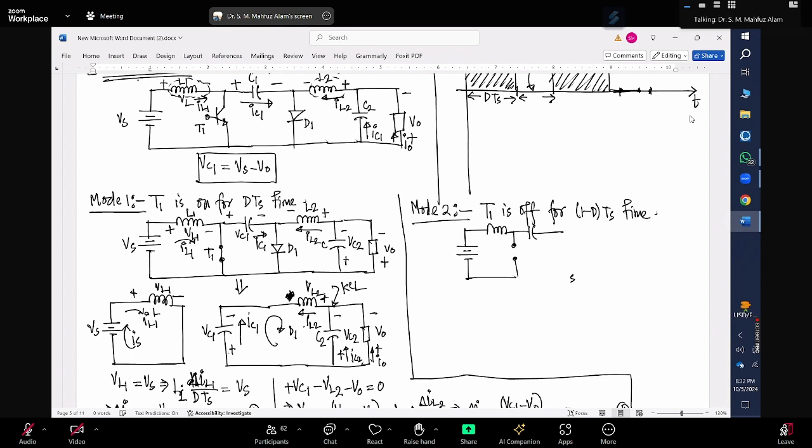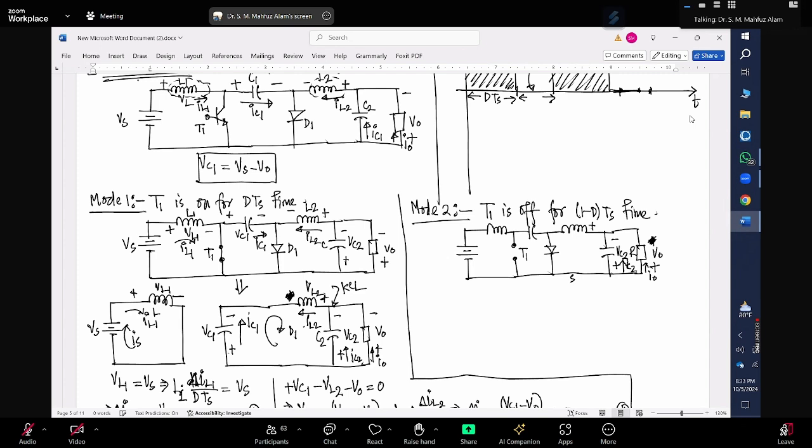Here, this switch is turned off. And then again, we have an inductor. In between, we have a diode. Then we have a capacitor, and then we have an output. Suppose this is R. This polarity is V naught. So this is your VC2, plus minus. So this is my IC2. This is my I naught.